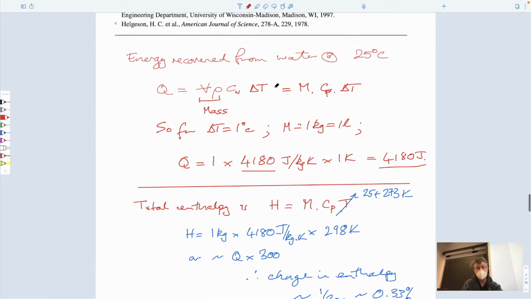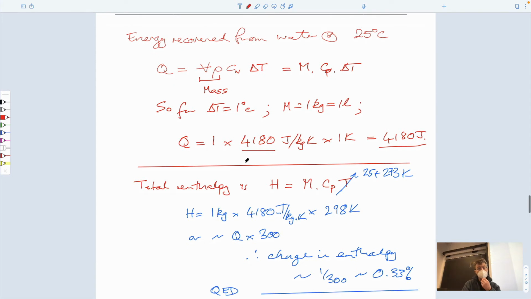That gives us the magnitude of heat you get by dropping it 1 degree centigrade. If you calculated the enthalpy change between bringing it up at 100 degrees centigrade and dropping it to 99 degrees centigrade, going through 1 degree, you get exactly the same magnitude.